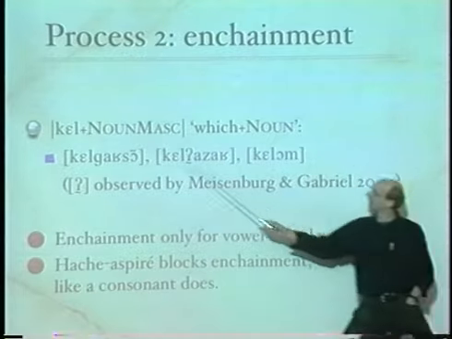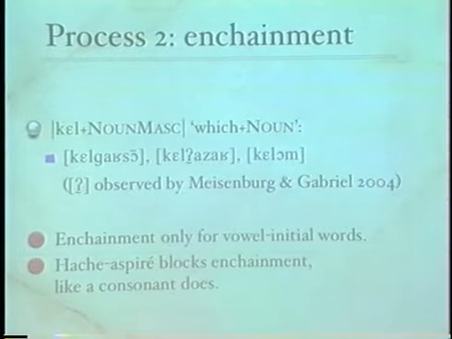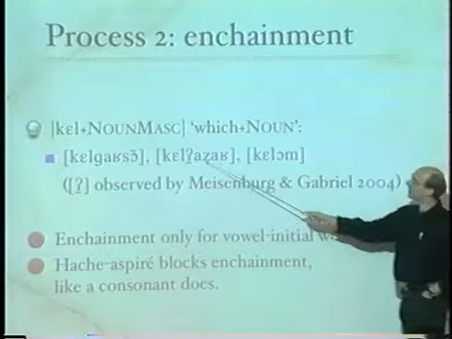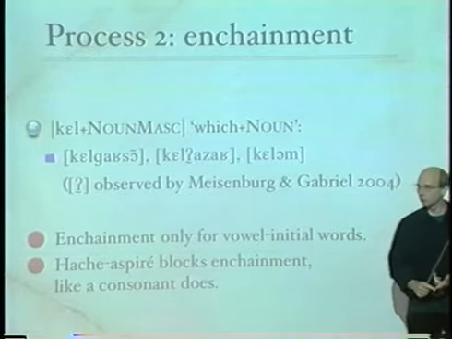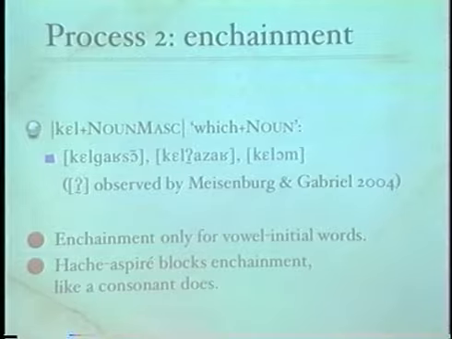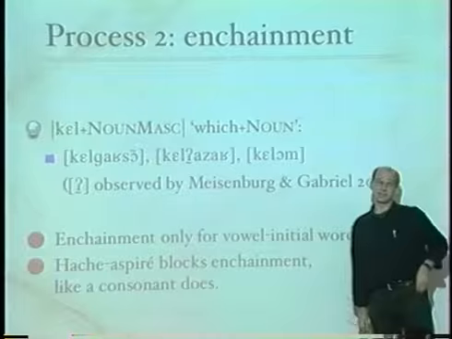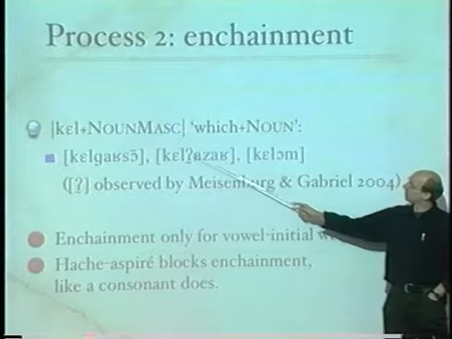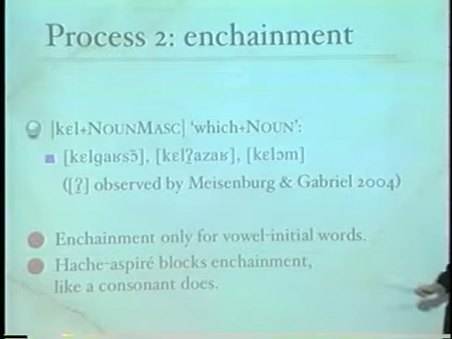The L of quel becomes the onset of the second syllable, quel homme. But in quel hasard, this is the case in which you actually do hear either a pause or a glottal stop or creak or any combination of these, right? Some auditory cues for the syllable boundary or the glottal stop, or whichever way you want to represent it. The H aspiré. So a triple contrast here between quel garçon, quel hasard and quel homme.